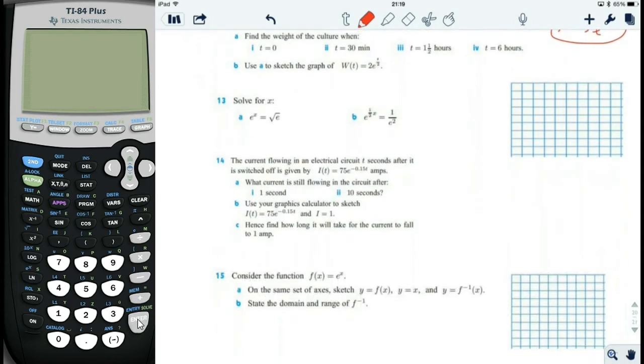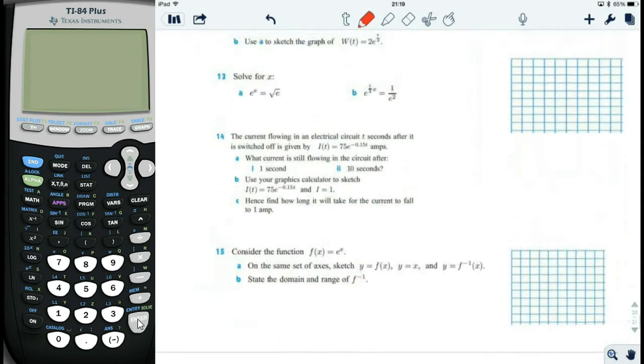And shall we do one of these here? So e to the 1/2 x equals 1 over e squared. Can we solve that?